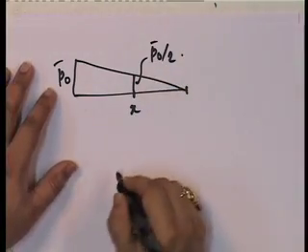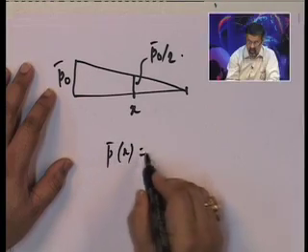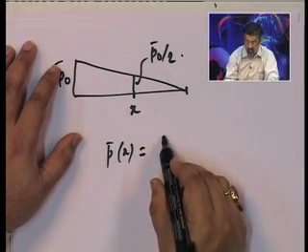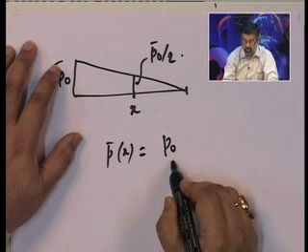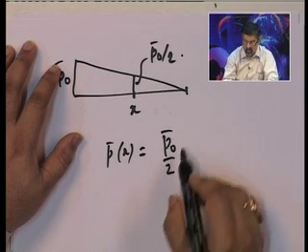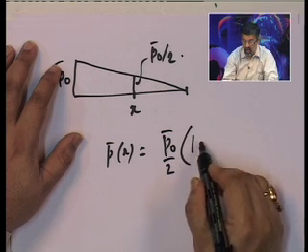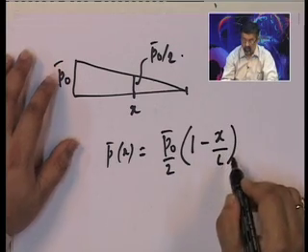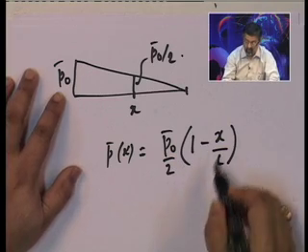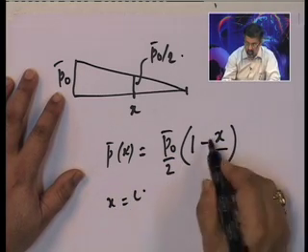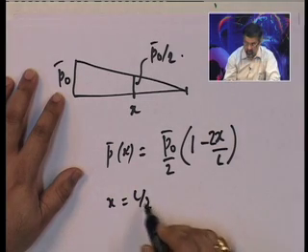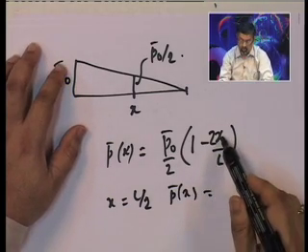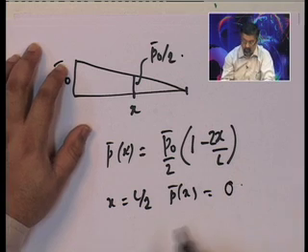So, p bar x is equal to p bar 0 into 1 minus 2x by L. Why? Well, when x is equal to L over 2, put x equal to L by 2, 1 minus 1, p bar x is 0.